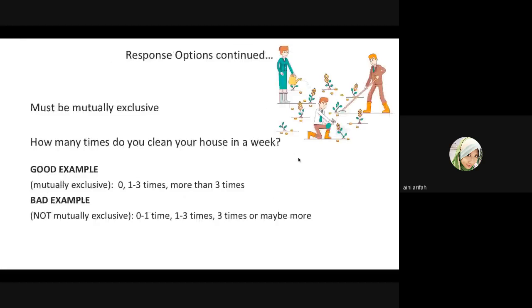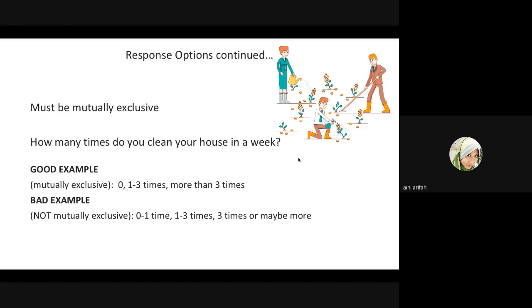Okay, next, make sure that the options for the response are mutually exclusive. What does it mean by mutually exclusive? For example, if I have a question, how many times do you clean your house in a week? A good example is you have 0, 1 to 3 times, or more than 3 times.